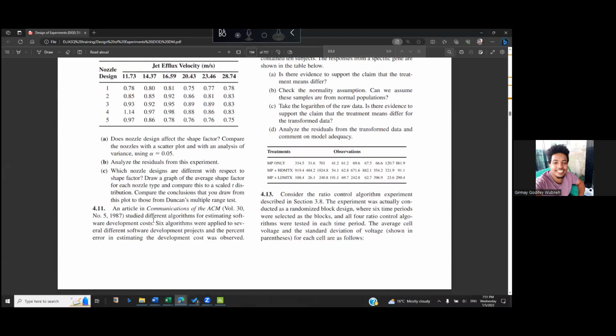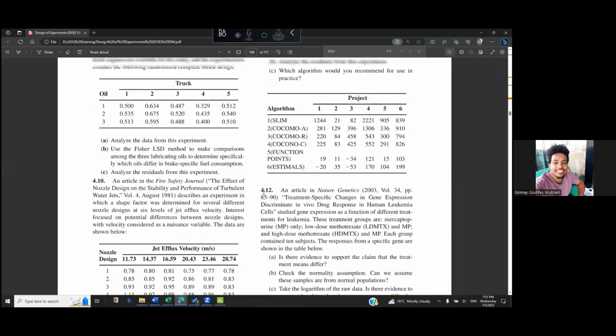An article in Communications of the ACM studied different algorithms for estimating software development costs, and 6 algorithms were applied to several different software development projects, and the percent error in estimating the development cost was observed.